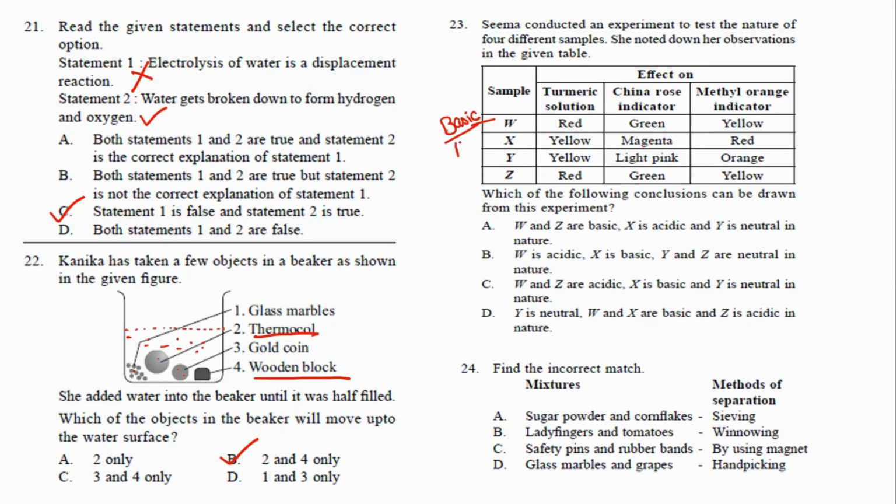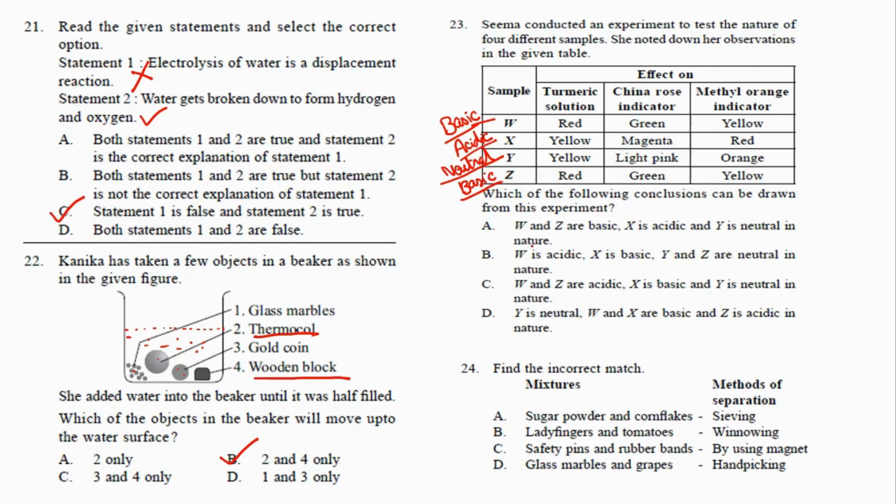So, it can be acidic, right? And China rose is becoming magenta, that is, it is acidic. Y, yellow, light pink, orange. So, you can see Y can be any neutral thing, right? And last one, Z, it remains red, green and yellow. This is another basic sample, right? So, which of the following conclusions can be drawn from this experiment?